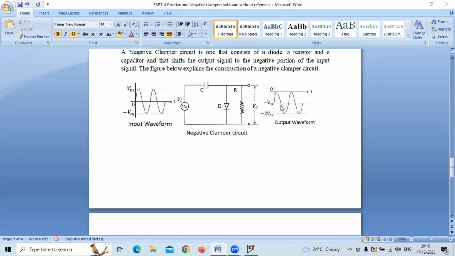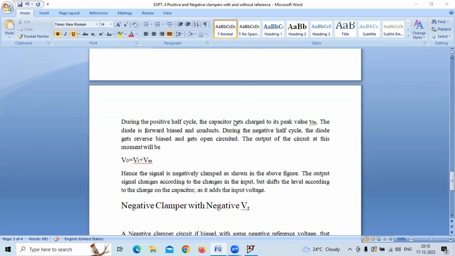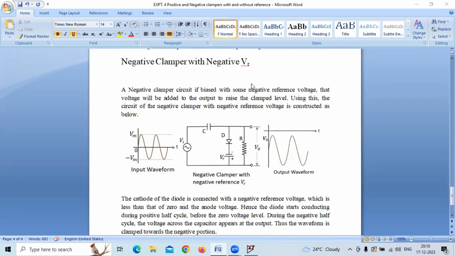Therefore, we see that the output waveform is simply below the zero level, which is equal to 2 Vm minus 2 Vm. And negative clamper with negative bias means we are applying a negative terminal to the diode, and the operation remains the same. The only thing is this reference level will be equal to whatever DC value we give here. If it is 5 volt, the reference level will be equal to 5.